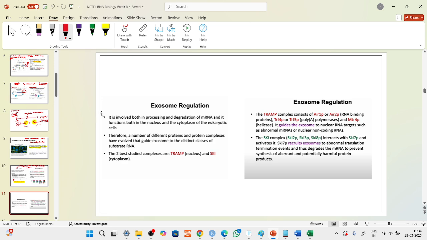So now, how does the exosome help in regulation? Basically, the exosome is involved both in processing of the mRNA and in degradation of the mRNA, and it functions both in the nucleus and cytoplasm.